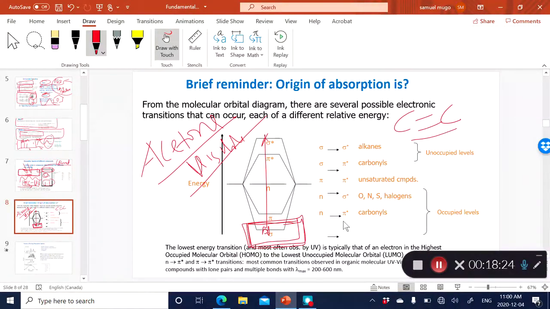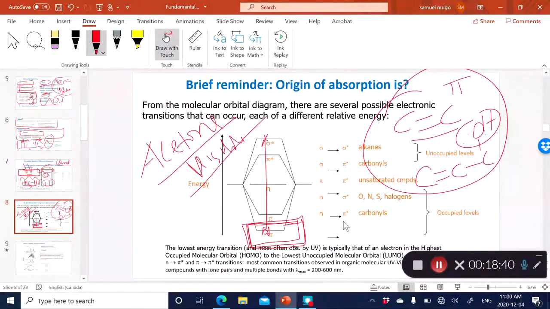So for that reason, you're going to see compounds that are conjugated, they've got a double bond, meaning they've got a pi orbital, and maybe they've got a lone pair of electrons, such as oxygen. Often these compounds would be colored. And the reason they are colored is because the energy transitions are favored.